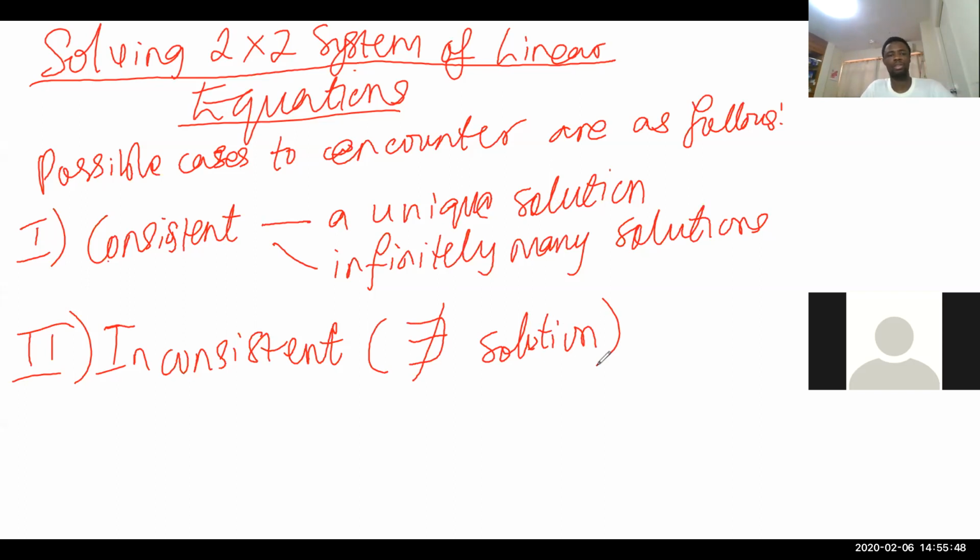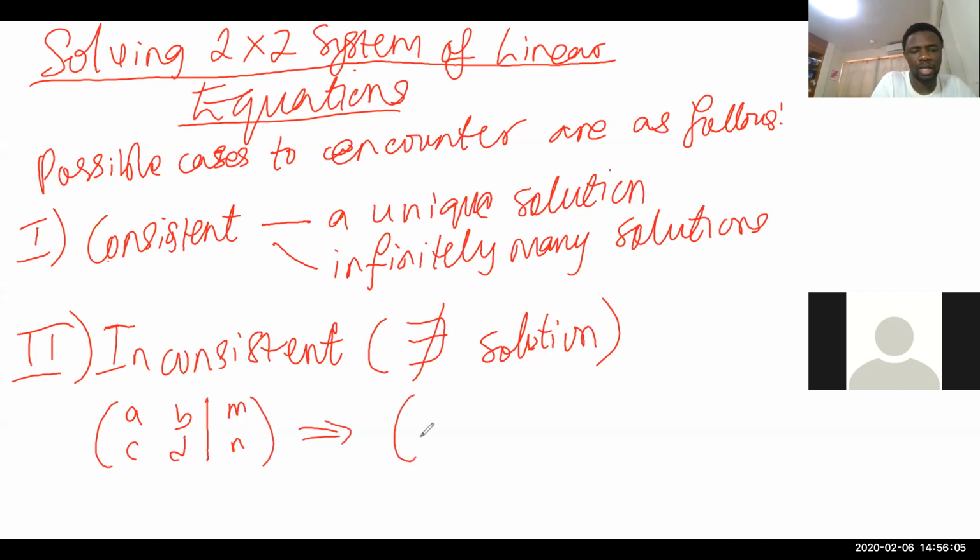So as a result, what would our row operation look like? Now, I've told you, the idea of row operation is to go from maybe A, B, C, D, maybe M, N, and to reduce it until you get something like P, Q, 0, R, after a series of operations, all right?